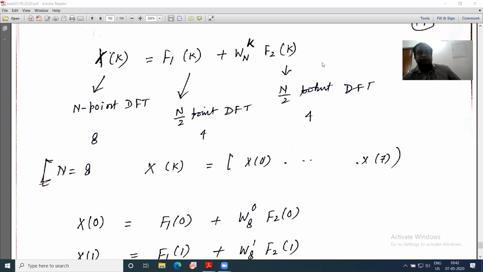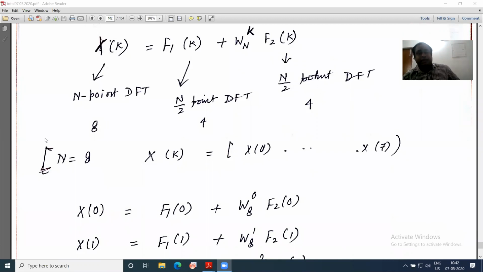But if I take a specific case for N equal to 8 and apply this expression, my left hand side will be the 8 point DFT, and the right hand side, F1 of k and F2 of k, will be 4 point DFTs, I suppose. Now for N equal to 8, X of k should have values X0 up to X7, right?